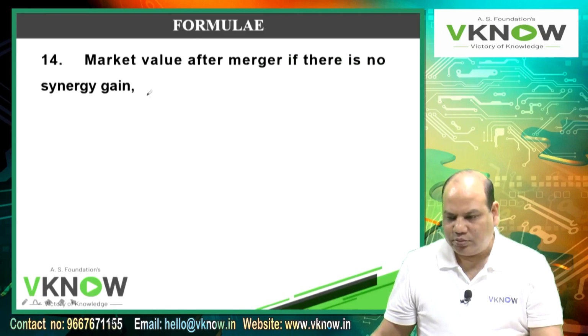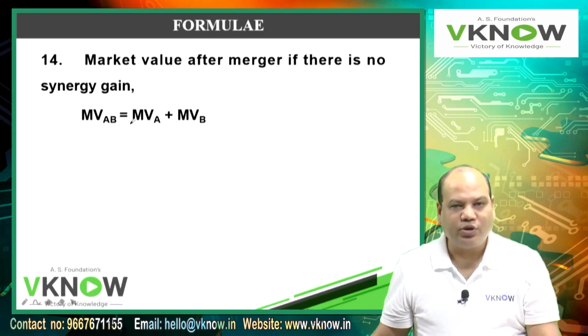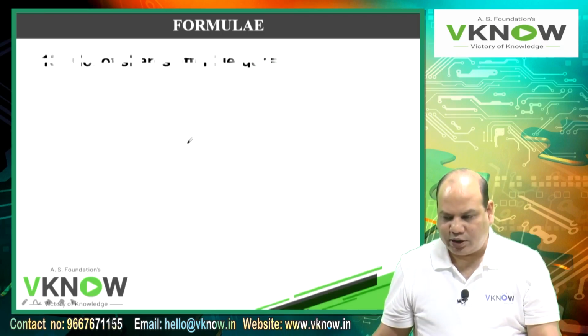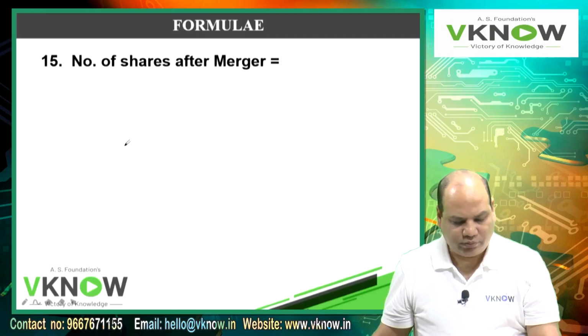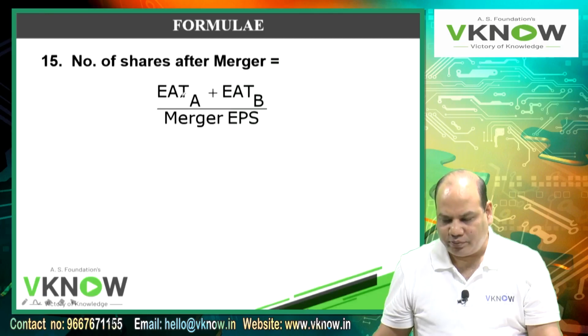Next point, market value after merger if there is no synergy gain. If there is no synergy gain, the post-merger market capitalization is the market capitalization of A plus the market capitalization of B, over the number of shares after merger. Now sometimes they can give you a reverse question.